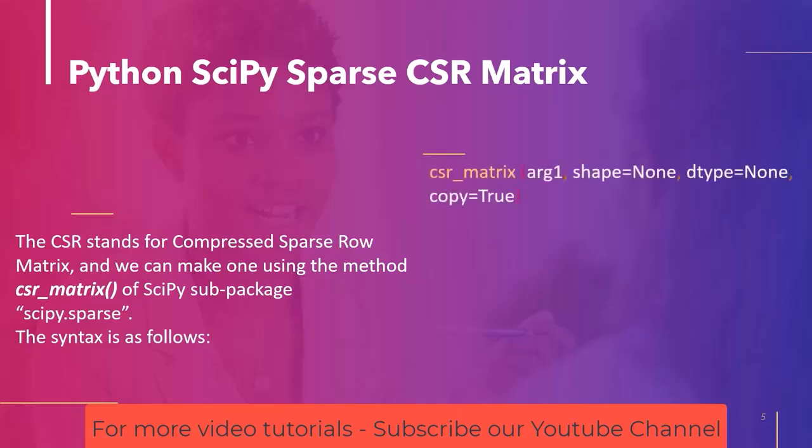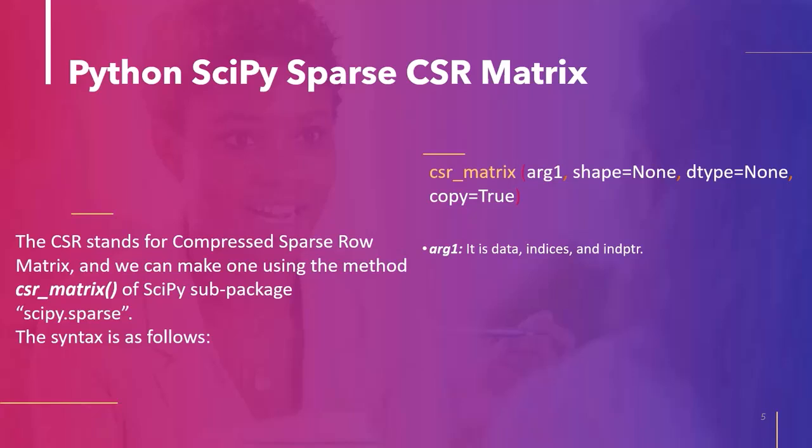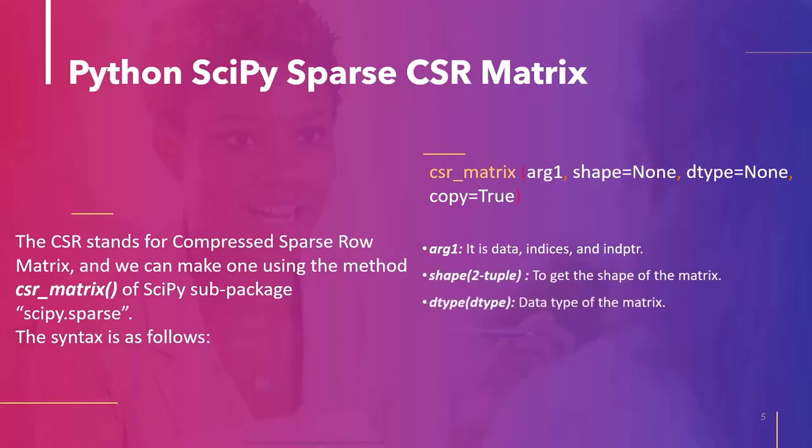Its parameters are arg1, which is used to provide the data, indices, which is the index array of the matrix, and indptr, that is the index pointer of the matrix. Shape, to define the shape of the matrix. Dtype, to specify the data type of the matrix.